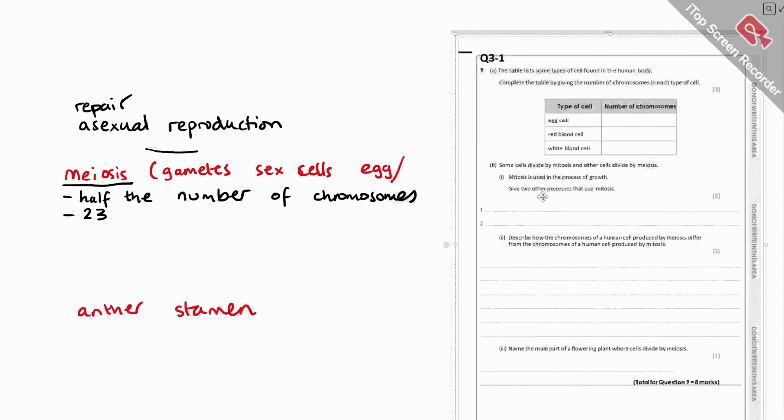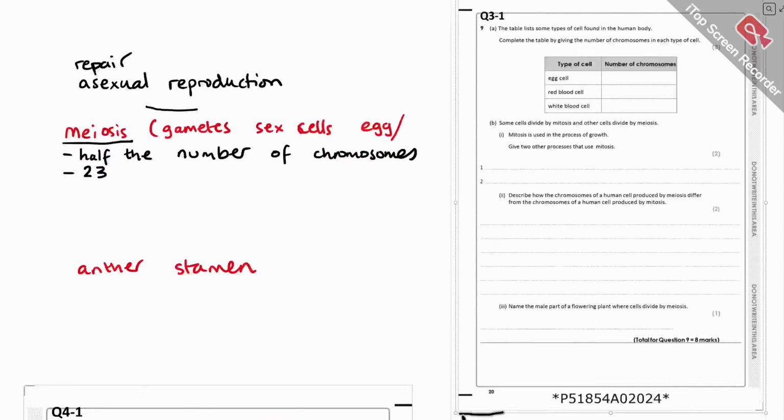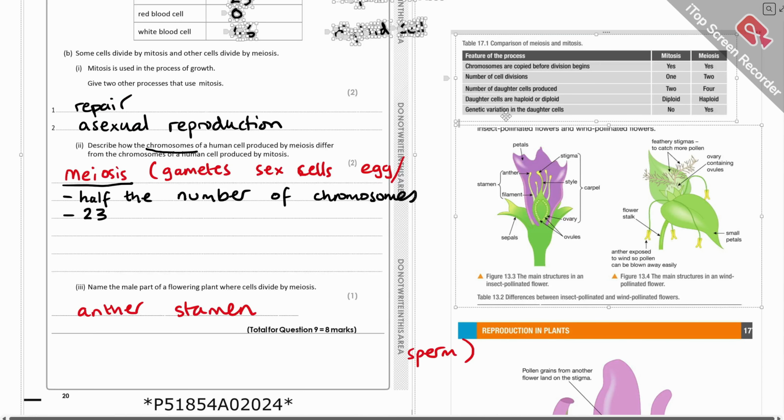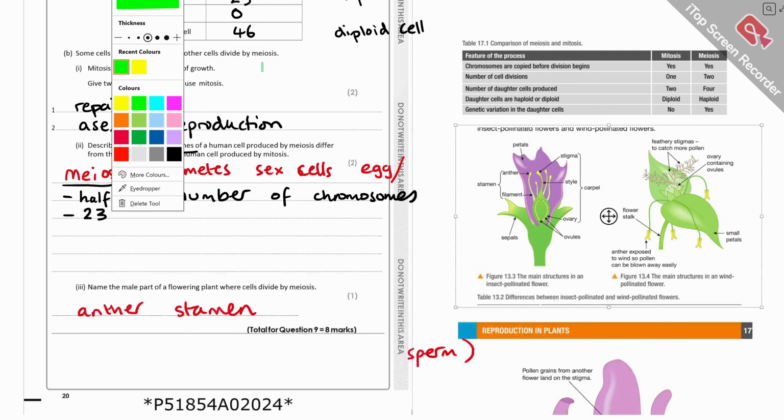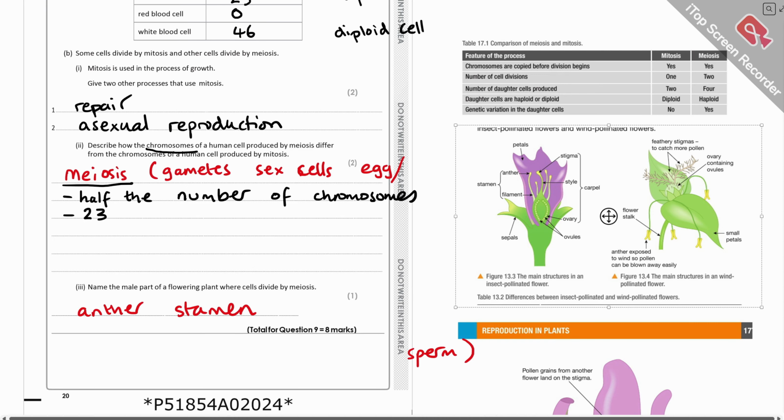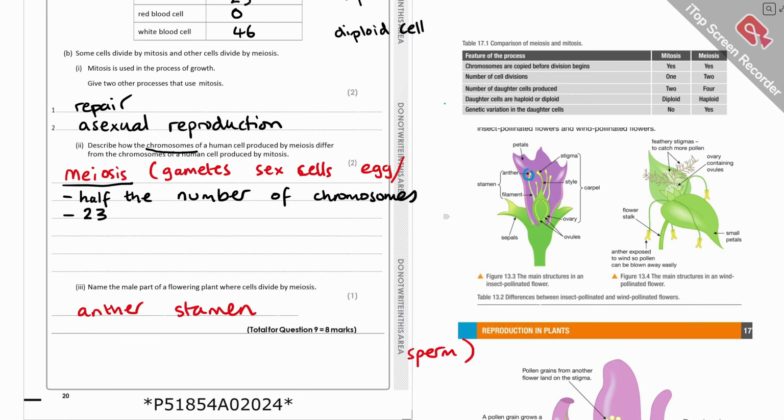We're interested in really this. Right, okay, let's look at this. Forget everything else for now. Right, where is the anther? So what happens is, the pollen is produced here and it lands on the stigma.